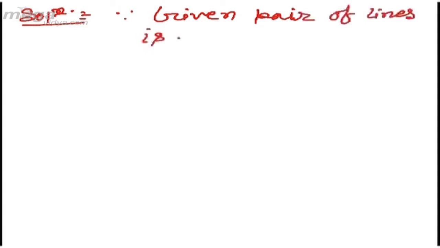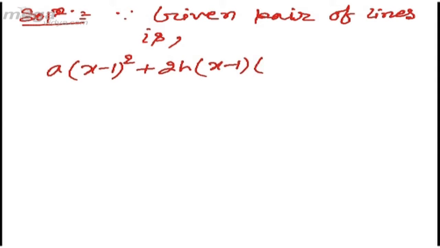Now see, the given pair of lines is a(x minus 1) whole square plus 2h(x minus 1)(y minus 2) plus b(y minus 2) whole square is equal to 0.